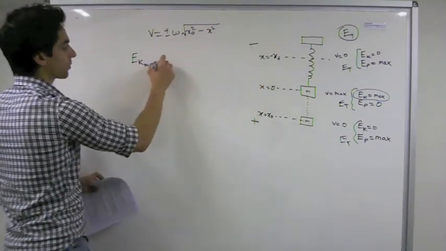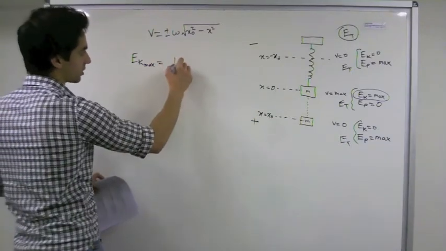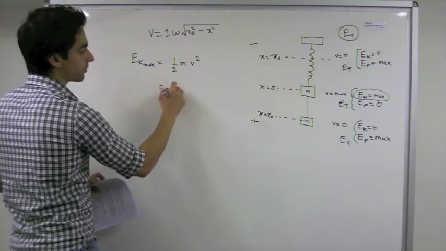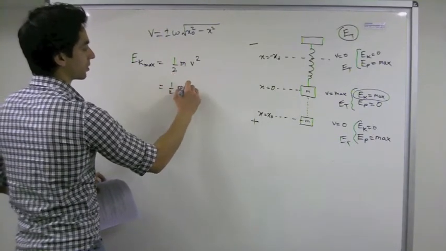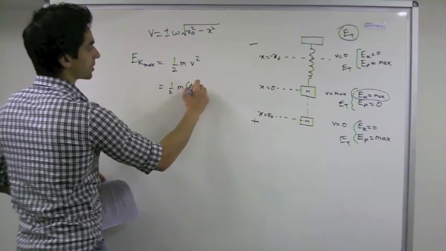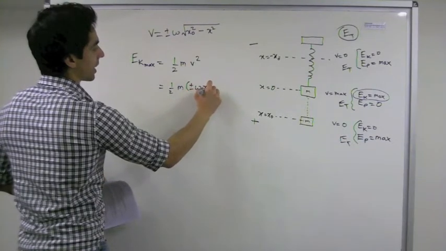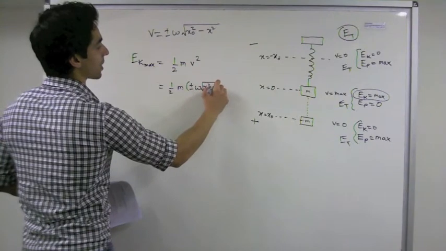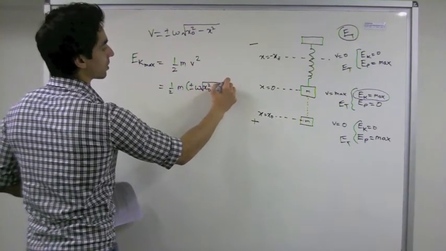at that point, and as we know, kinetic energy is given by half mv squared, so that will be half m times plus minus omega x naught, squared, minus 0 squared, right?